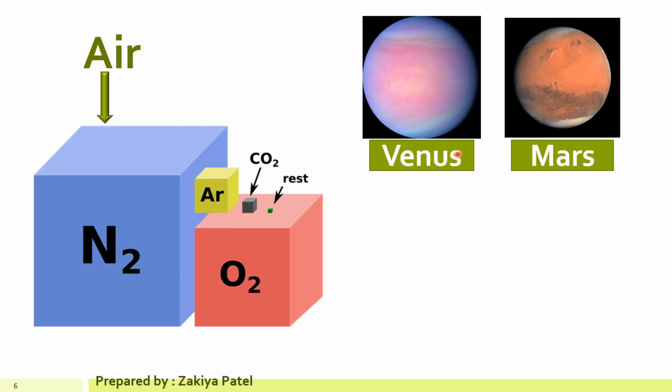Carbon dioxide constitutes up to 95 to 97 percent of the atmosphere on Venus and Mars, and this might be the reason why no life exists on these two planets, because the amount of carbon dioxide is very high.